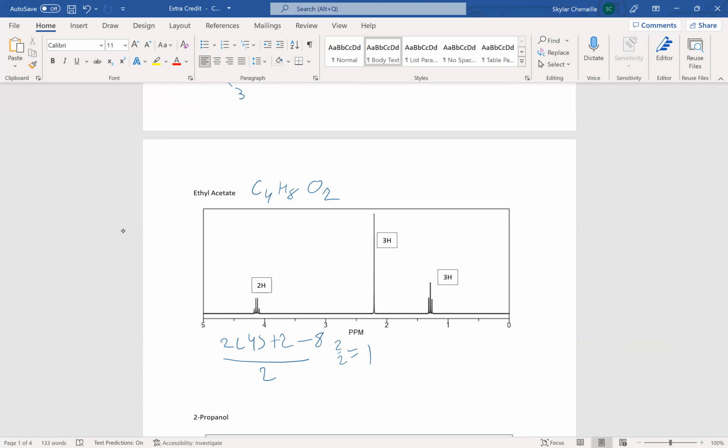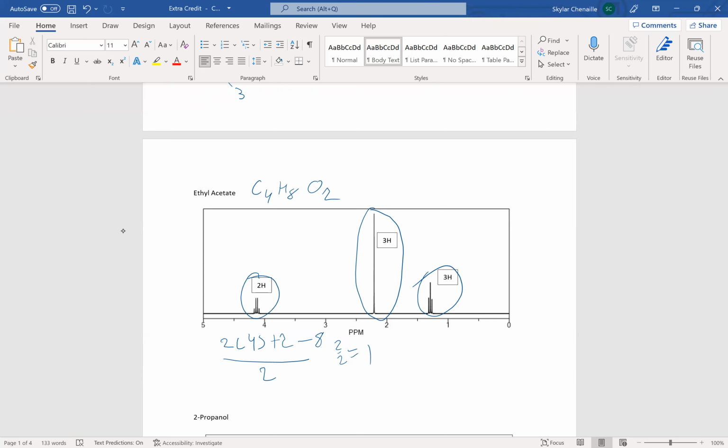So we have 1 degree of unsaturation here, meaning we most likely have a double bond to something, because it's highly unlikely that we have a ring of 4 carbons in this case. So if we know that, and we have 1 singlet right here, so it's a single bar. We have 1 triplet here, and we have our quartet over here.